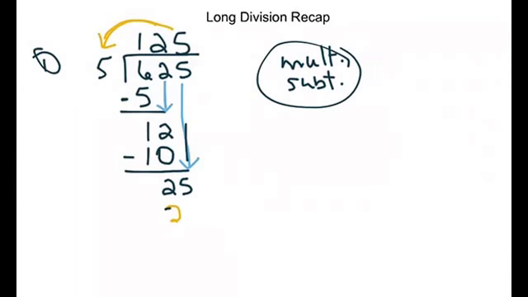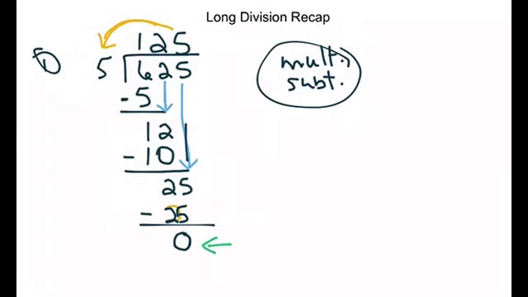Minus, because we're doing the same process, 25 minus 25 is 0. Now, we don't have any more numbers to bring down here, do we? Okay, so we're done. We do not have a remainder.